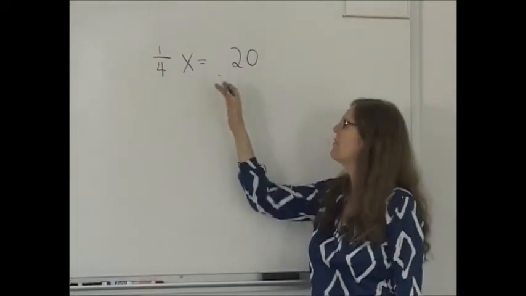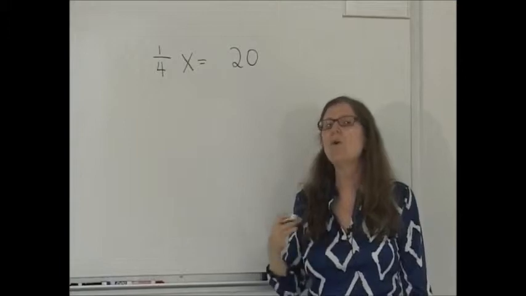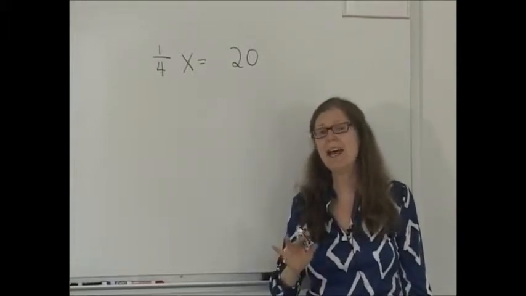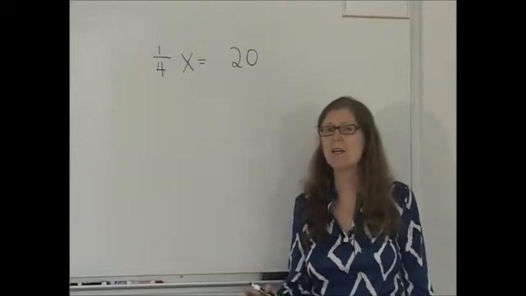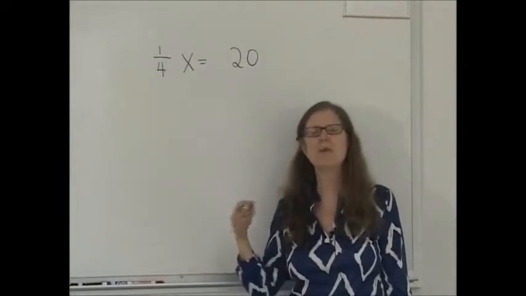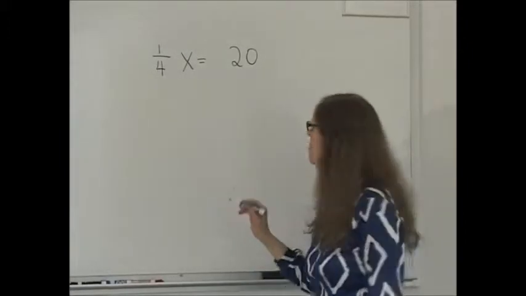But this has a fairly big number equal to x. So we want to use our methods for getting x by itself on one side of the equation so that we can just solve for x even if we can't quite figure out what it's equal to by looking at the original problem.